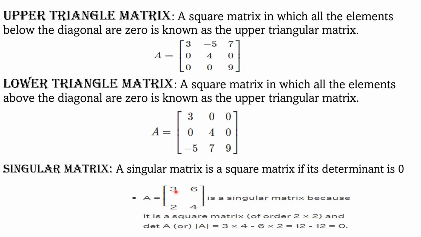In this, this is A and this is D, this is B and this is C. It is a singular matrix because 3 into 4 minus 6 into 2, AD minus BC. Det A is equal to AD minus BC. So 3 into 4 minus 6 into 2. 12 minus 12 is equal to 0.